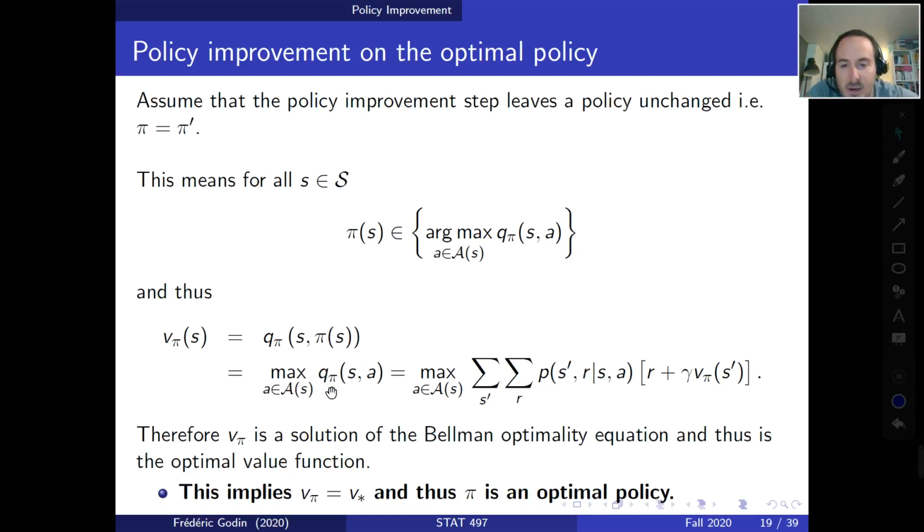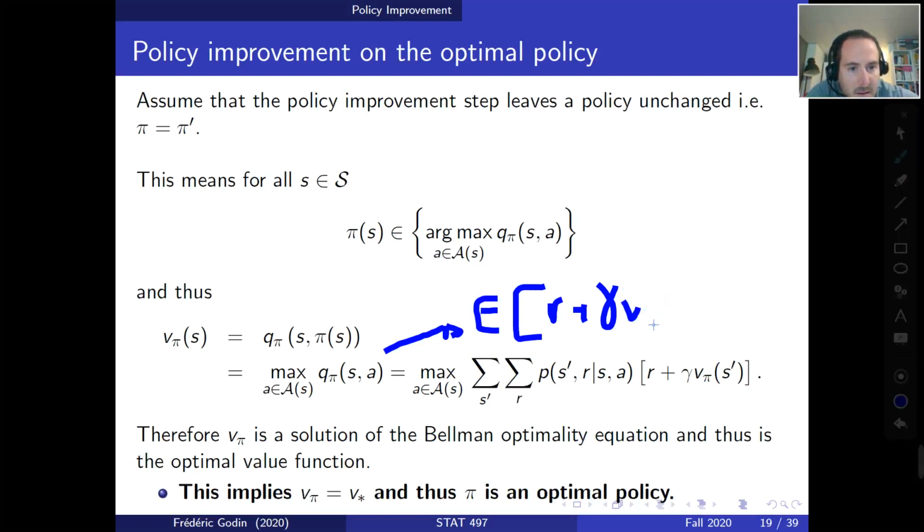So if we replace q_pi(s,a) by a formula we had in the previous step, this was equal to the expectation of R plus gamma V_pi(S') given the current state is s.